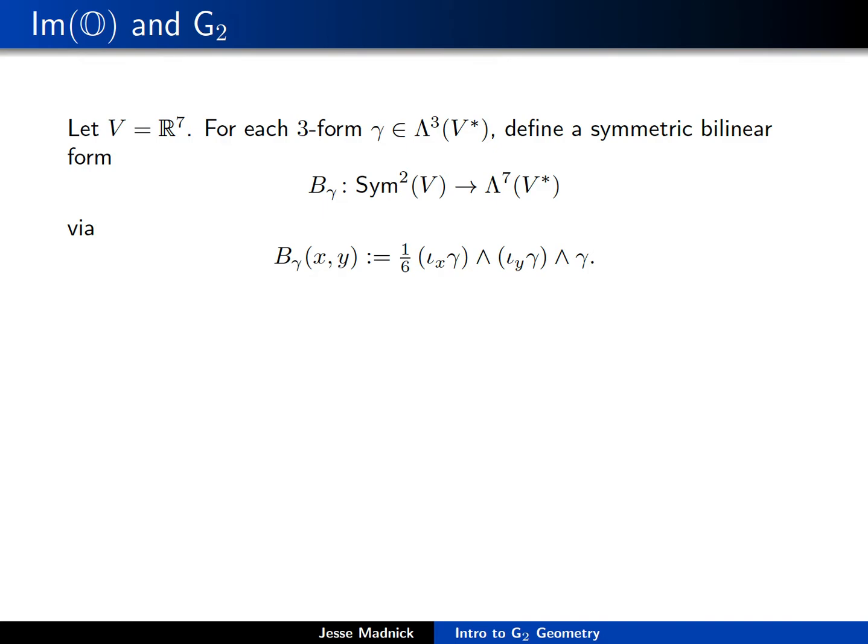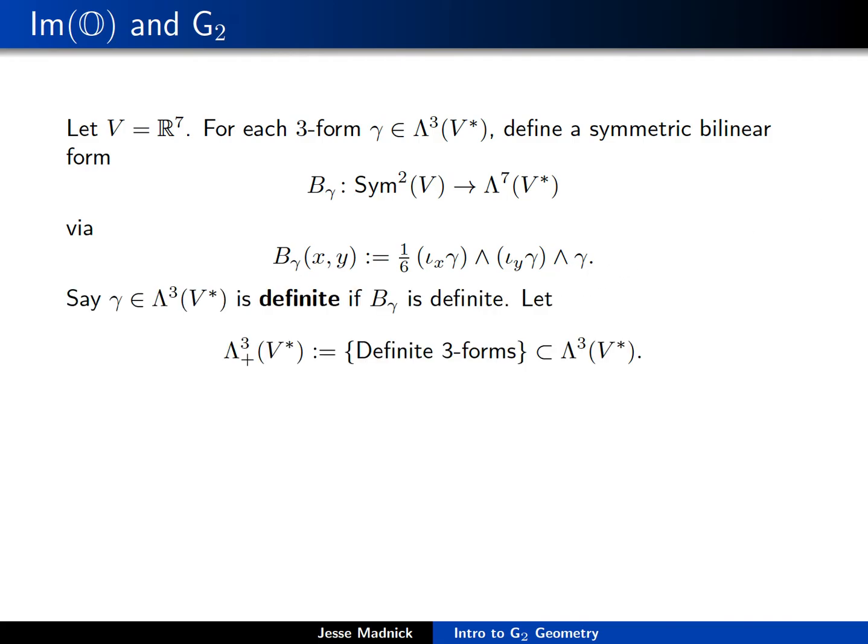For each 3-form gamma on V, let's define this weird symmetric bilinear form B_gamma as 1/6 (X hook gamma) wedge (Y hook gamma) wedge gamma. This is the hook right here. And let's say that gamma is definite if B_gamma is definite. We'll let Lambda^3_+ denote the set of all definite 3-forms inside Lambda^3.